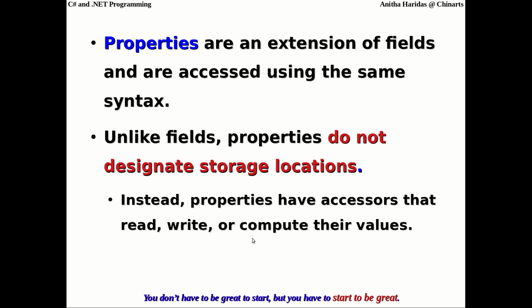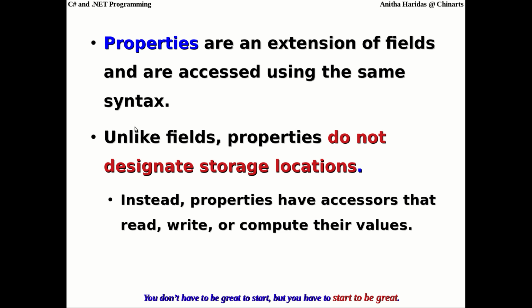If so, what you have done, a and b will have storage location. c is simply an extension to access the value of a and b. So c will not designate any storage location, but a and b will occupy memory locations. I repeat, c is a property.